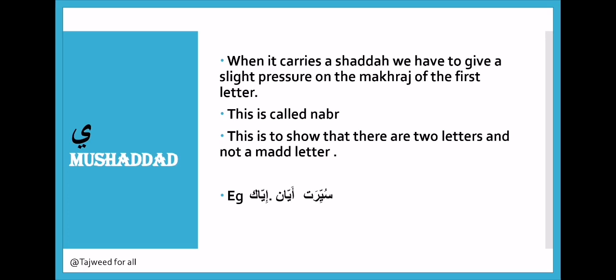For example, the ya shadda, if it is a dhamma before that, if I say sin dhamma ya shadda sui, ya kasra sui, okay, it is not clear. It will resemble sin dhamma waw sukoon su, then ya kasra sui. Okay, so in order to prevent that, they will add a slight pressure on the ya, sui.